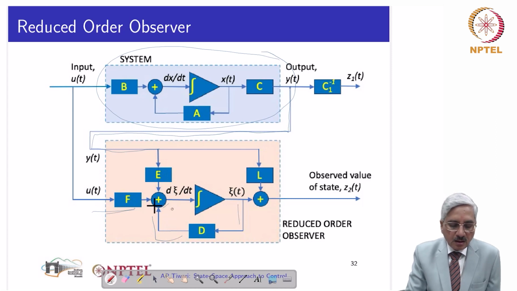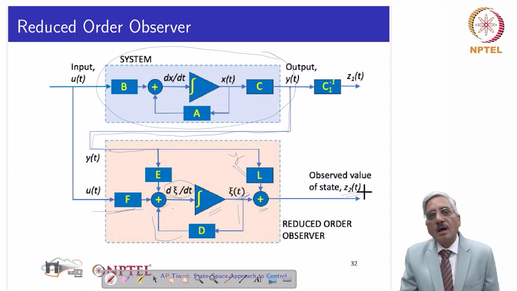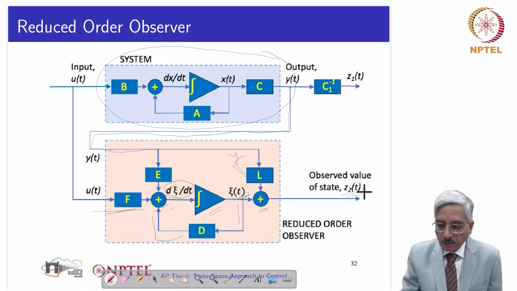Now D xi plus EY plus FU, that total makes xi dot, which integrated gives xi, and xi plus L times Y, this is Y, so Y comes here, L times Y plus this xi gives the observed value of state or the estimate of state x2, which is z2.